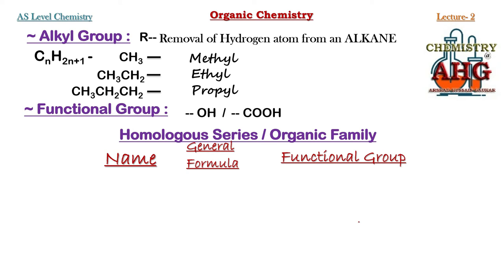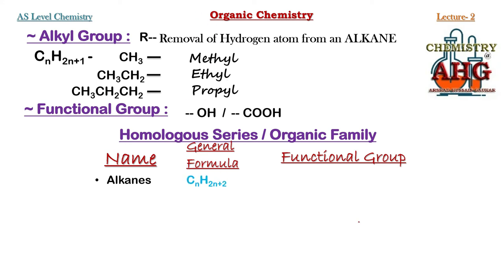What is the simplest homologous series or organic family in your AS syllabus? We always start organic chemistry with alkane. What is the general formula of alkane? You are very well aware of it: CnH2n+2.